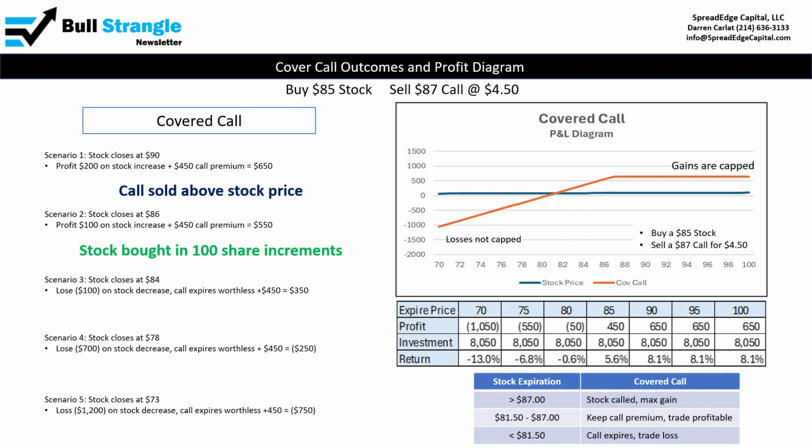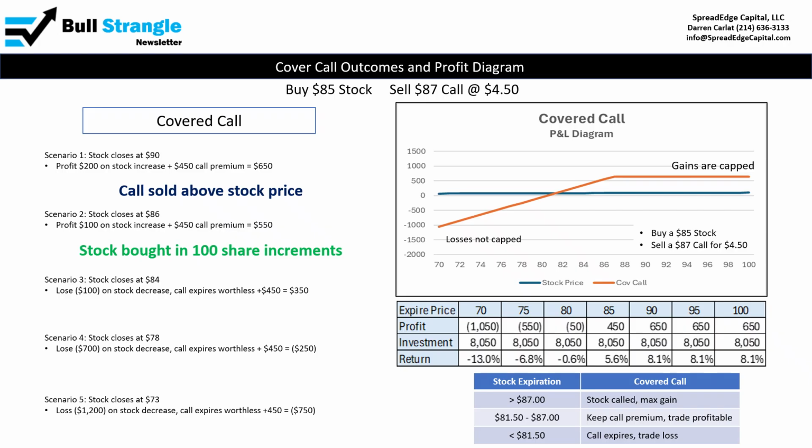Okay, here is the covered call outcomes and profit diagram. Covered calls are the simplest. Well, the simplest would just be stock only, which I don't even have a diagram for because it's so straightforward and it's the basis that all traders do seem to understand. But a covered call, of course, we are buying the 100 shares and then we are selling a call above that.